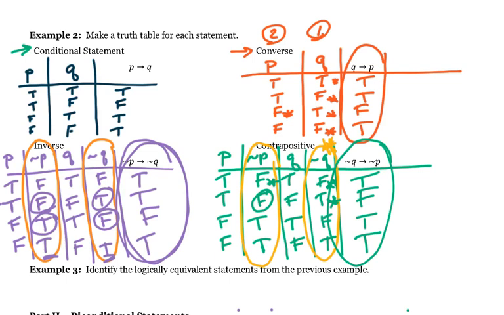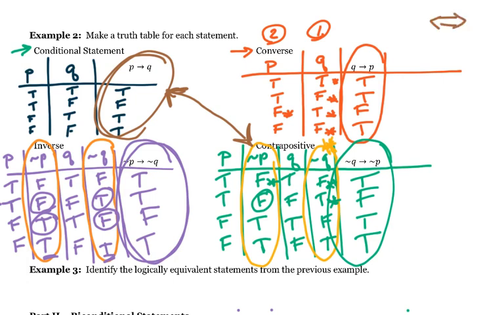So look here. I'm out of colors. Here we go. The conditional statement here has the same truth value in the truth tables as the contrapositive. So if you remember before, we would say that those two things are equivalent. You remember this symbol?